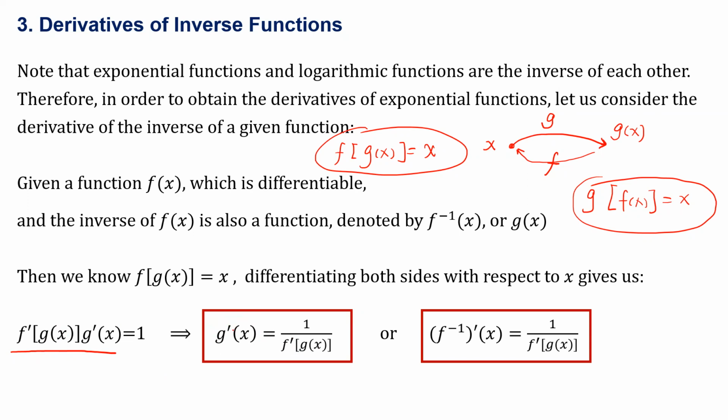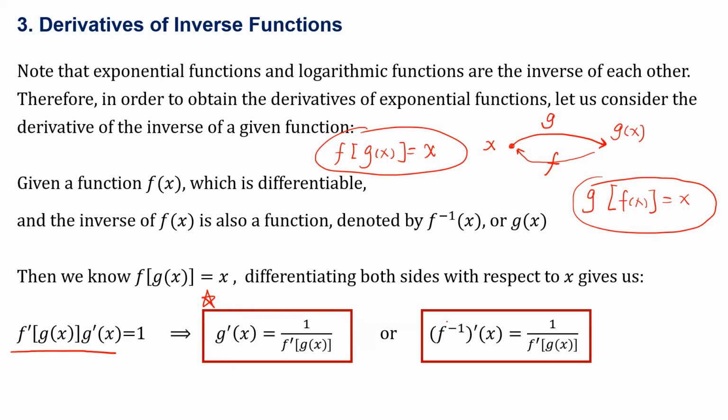Therefore, we have the derivative of the inverse of f(x), which is g prime x, equals 1 over the derivative of f with respect to g(x). Therefore, we have this relationship, right? Please write this down onto your notebook, because later in our next discussion, we'll use this formula to find the derivative of the exponential function.